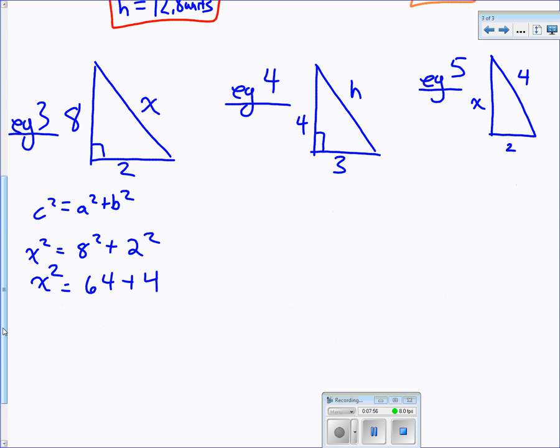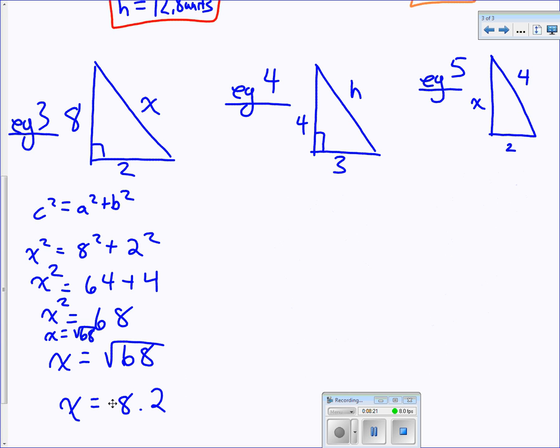Simplify the right side with the exponents, so we have 64 plus 4. X squared is 68. Then we take the square root, so x is equal to the square root of 68, and we end up with x is equal to 8.2.